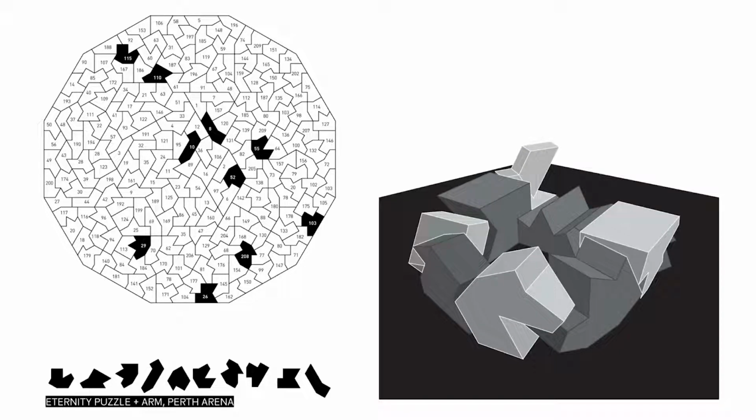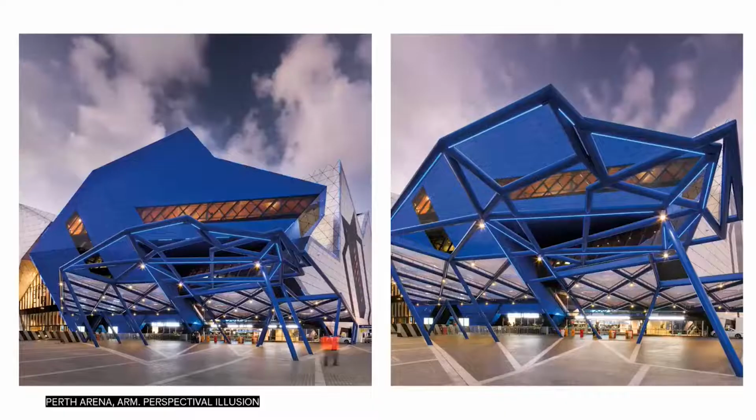So anamorphic projection found its way into this project as well, in the interiors, but also out the front of the building. As you arrive, you can see on the left there is an entry canopy, and that entry canopy is a projection of the two front pieces of that puzzle.